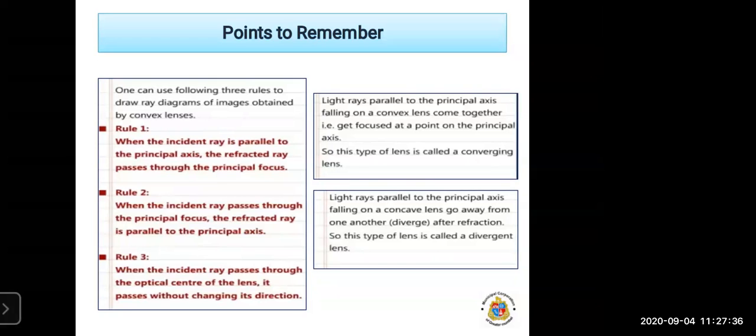Next, light rays parallel to the principal axis falling on a concave lens go away from one another. That is divergence. The light rays get diverged and scattered after refraction, and they appear to extend from one point, so that lens is called a divergent lens. A concave lens is nothing but a divergent lens. Okay students, please take a screenshot.